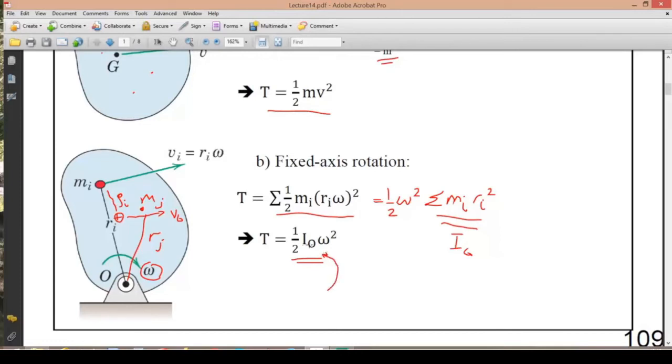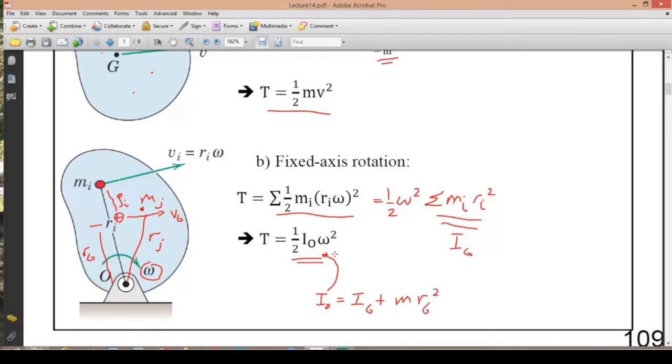if you remember, this I_O is defined as I_g, the mass moment of inertia calculated about the mass center, plus, if we say this is R_g, the radius from the mass center to point O is R_g, then this is m R_g squared, right?